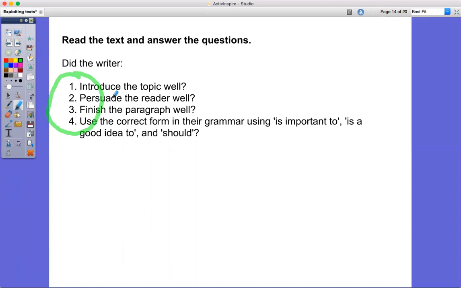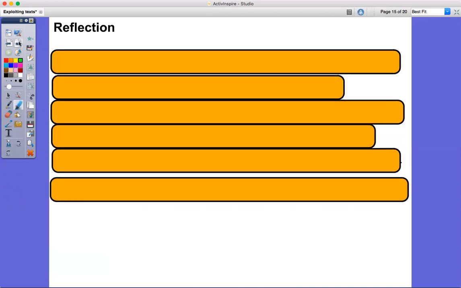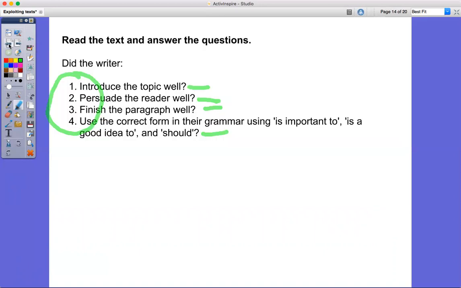So I would have somebody else's writing now and I answer these questions to give them feedback. It's called peer correction. This then would be the end of the writing lesson.